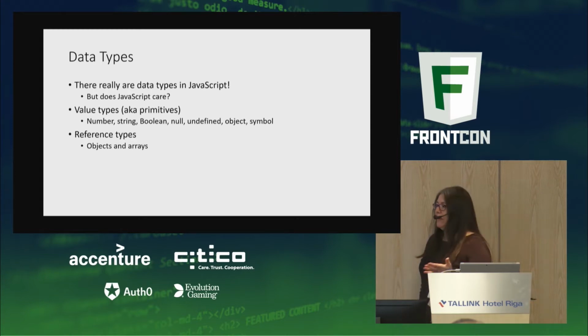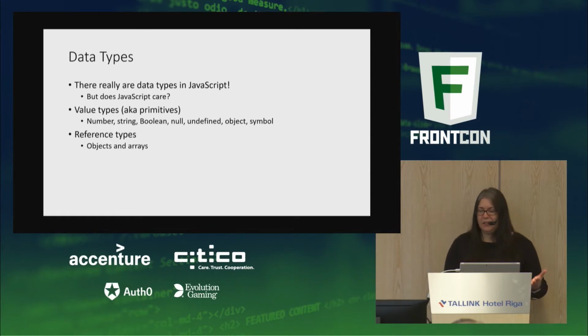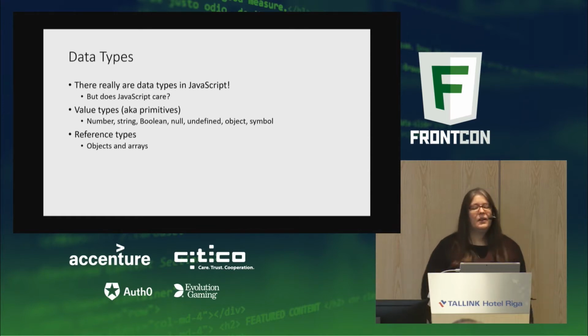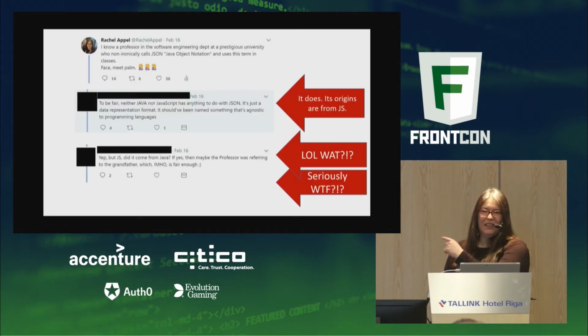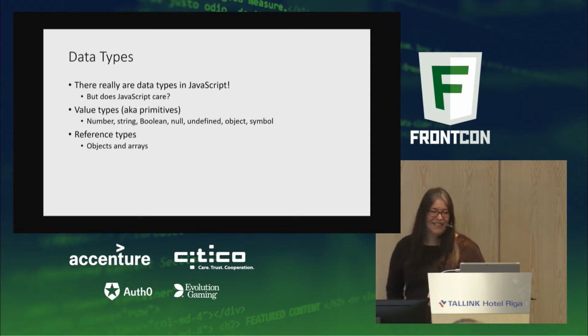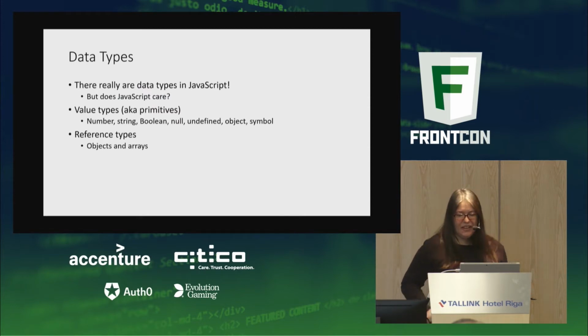And when it came out, by the way, way back when, that's like, what, 30 years ago or so? They actually called it JavaScript just to confuse people into thinking it was like Java. Hey, it's still working, apparently 30 years later. Right? So there's our data types.